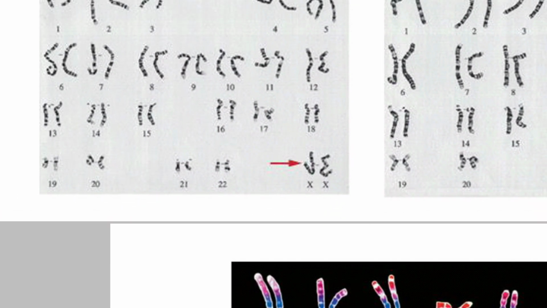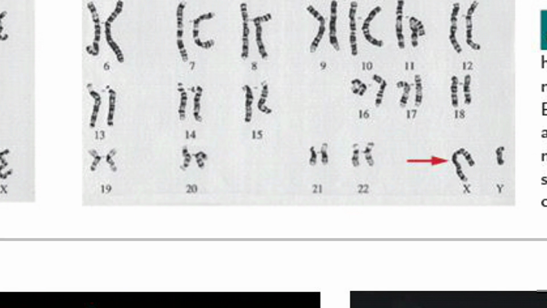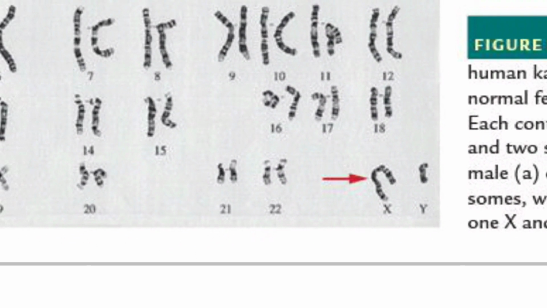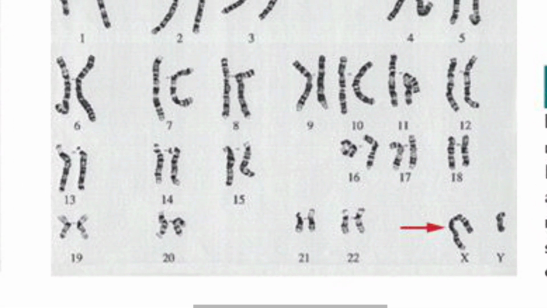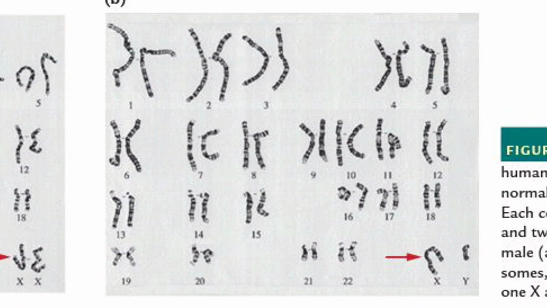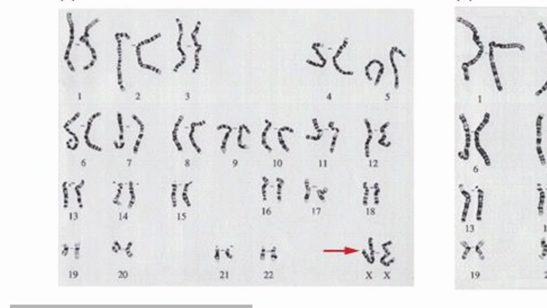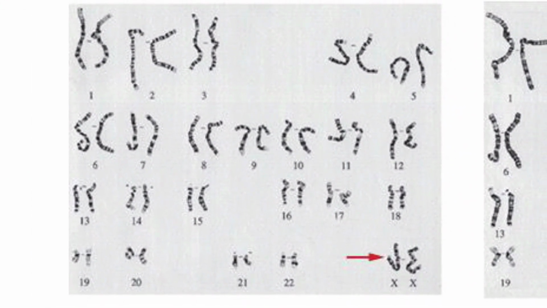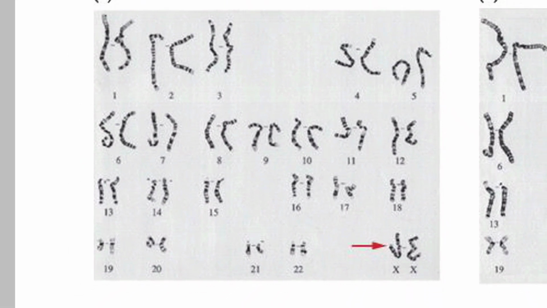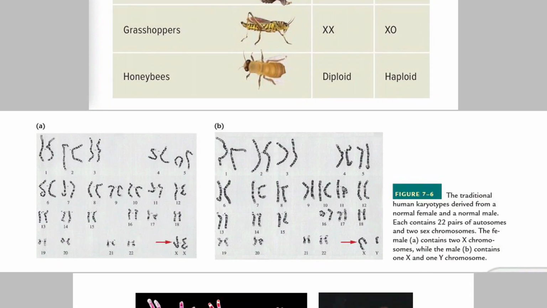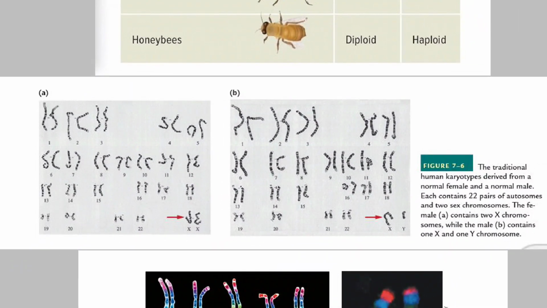So this XX in female and XY in male are known as the sex chromosomes, and the remaining 22 pairs of chromosomes, which are the same in man and woman, are known as the autosomes. So this is the karyotype of man and woman.